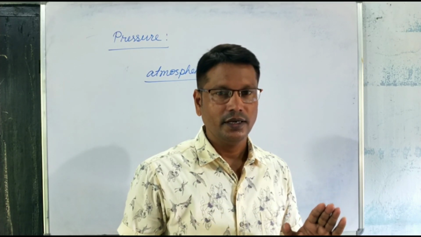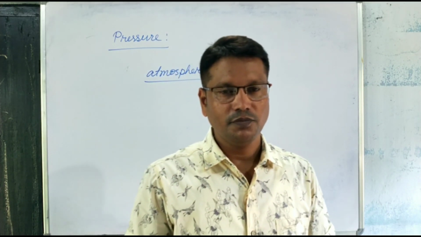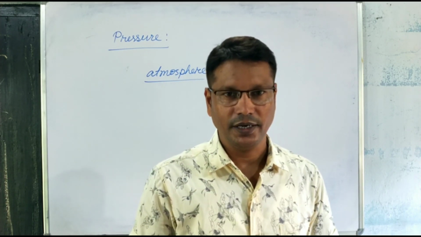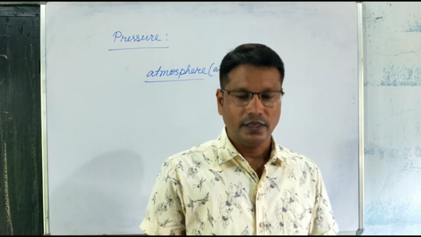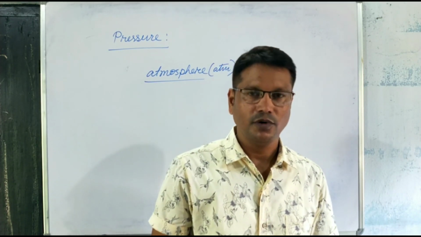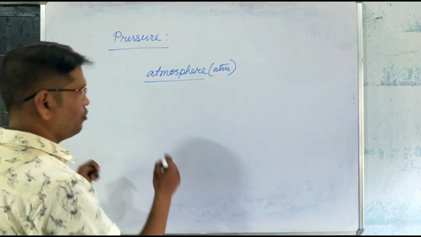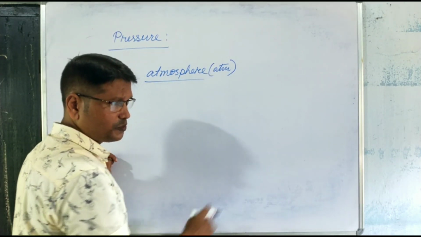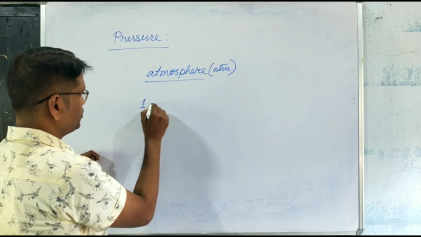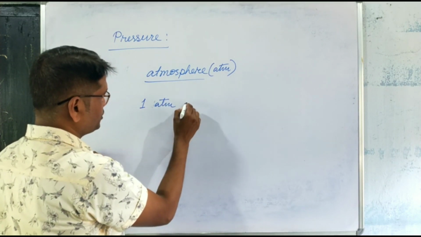Now it is clear? So when we use ATM, it means atmosphere. And the atmospheric pressure is measured in ATM or atmosphere. Now, what is 1 atmosphere pressure? 1 ATM pressure.